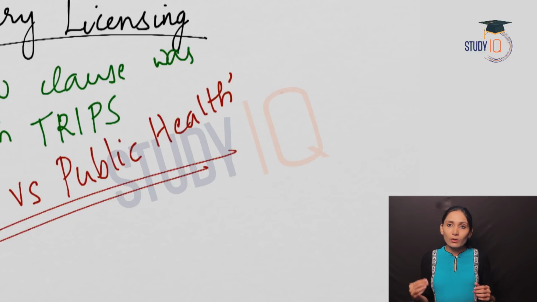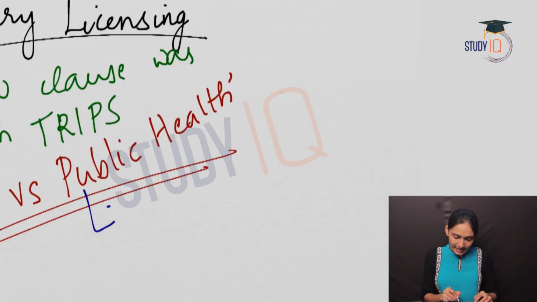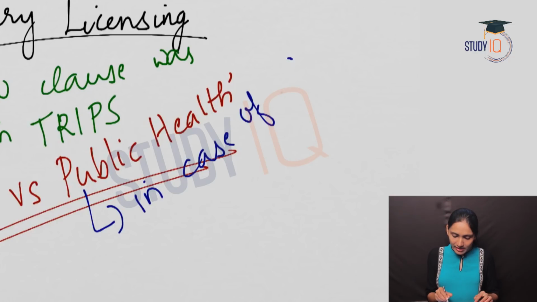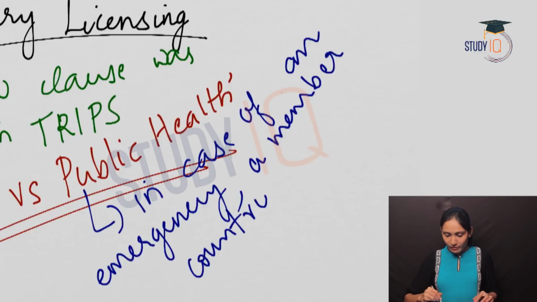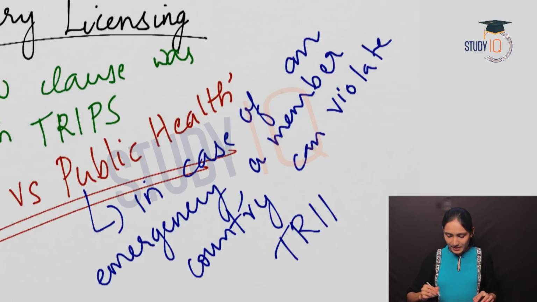And what does this clause mean? The clause means that in case of an emergency, for example an epidemic, a member country can violate TRIPS.